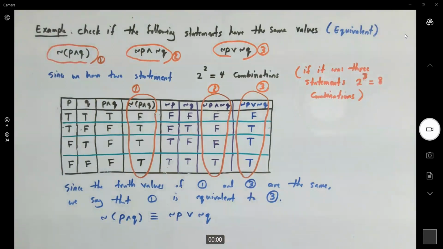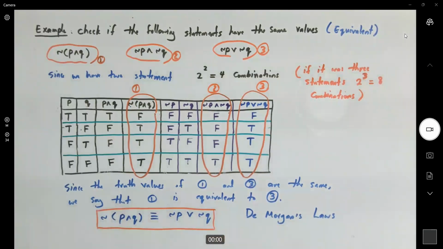Well, this is one of De Morgan's laws. Another formula for you to memorize.